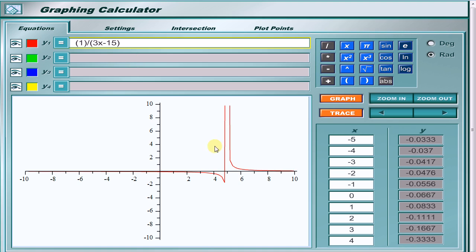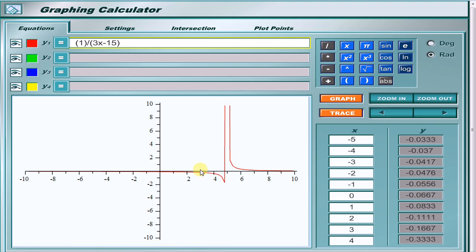Let's go ahead and graph it. Okay, so as we can see here at 5, we have that vertical asymptote, and all these values, I don't know if you can see it, but let's try to zoom in. Yeah, now we can see it a little better. You see how it's almost to 0?